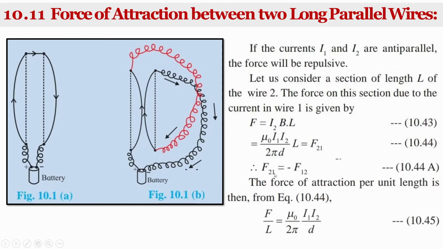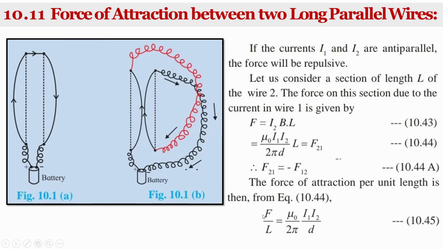These forces are always attractive if the currents flow in the same direction. In that case, the forces F21 and F12 are in opposite directions, so F21 is equal to minus F12, and the force of attraction per unit length is written as F by L. What is the formula for F by L?